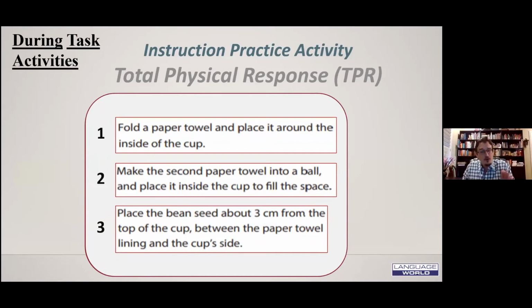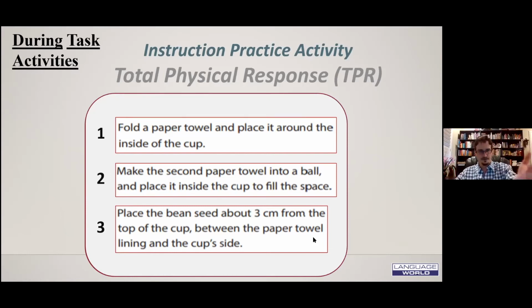Now, before you want the students to do the activities, you have to be sure that they understand the directions. That's essential for the task-based activities. So one fun thing I do to get the kids up and moving, or at least online they can move and be silly, is I show them the directions.